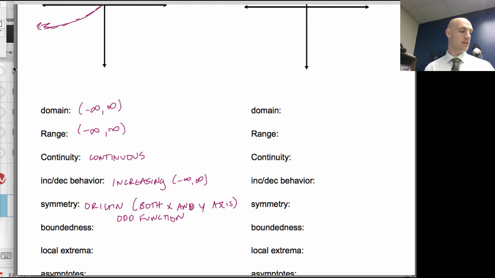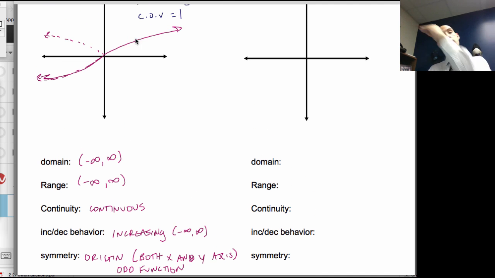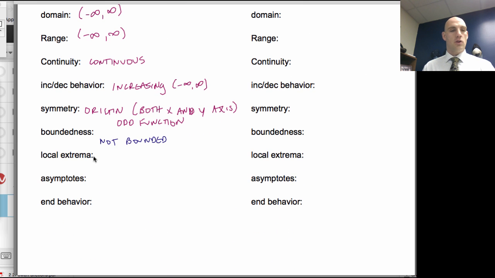Okay, boundedness. That means is there a value above that it doesn't get above? Is there a value below? It's not bounded, because we can see that it increases to all values of y. It increases to all negative values of y. Local extrema. Are there any mountains or valleys? There are none.